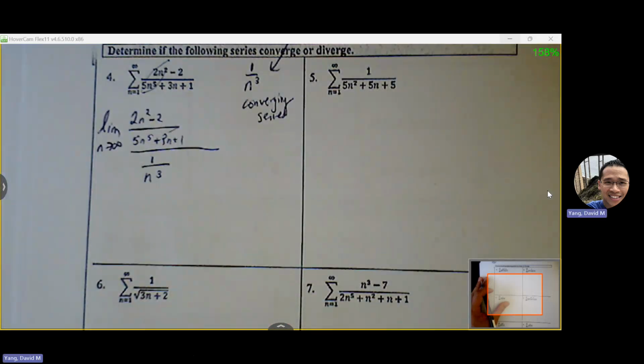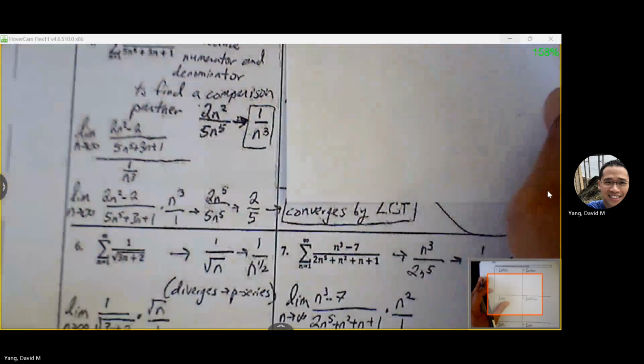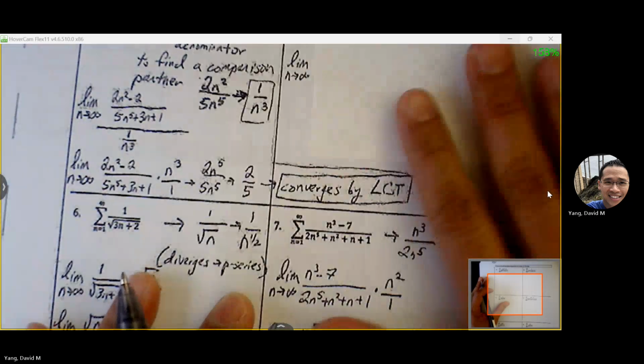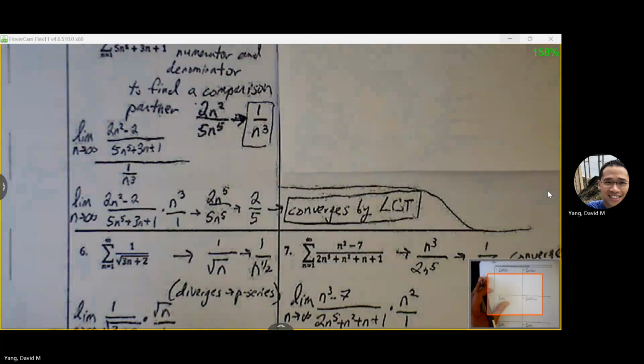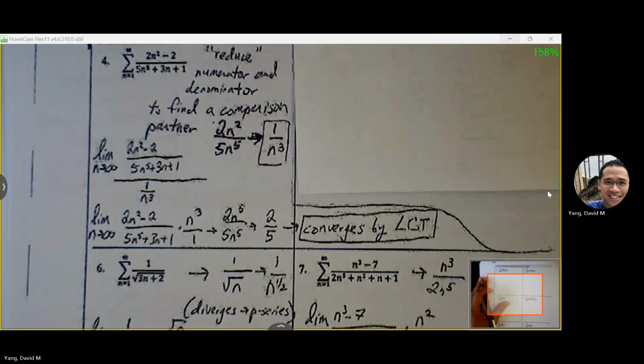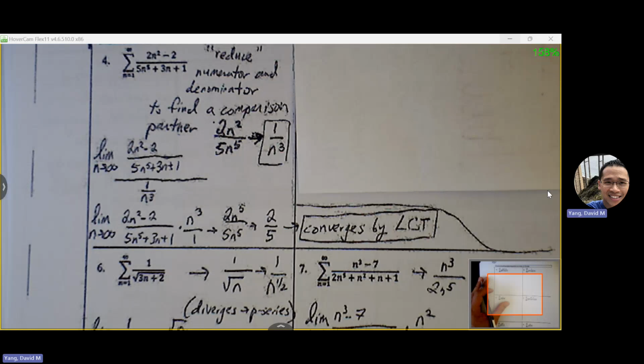Now, dividing by a fraction is the same thing as multiplying by its reciprocal. So I'm going to flip that n cubed up. 1 over n cubed becomes n cubed over 1.